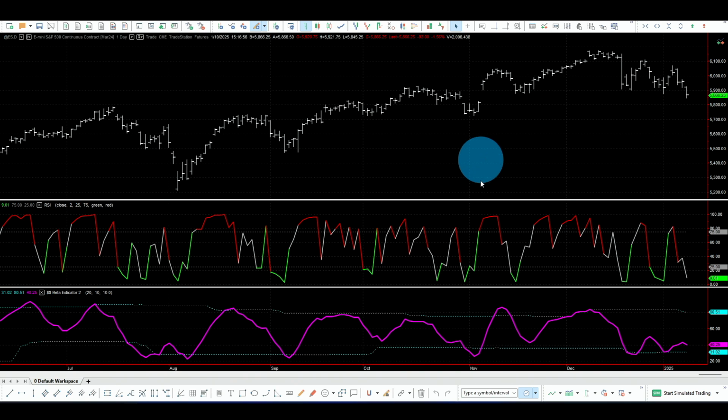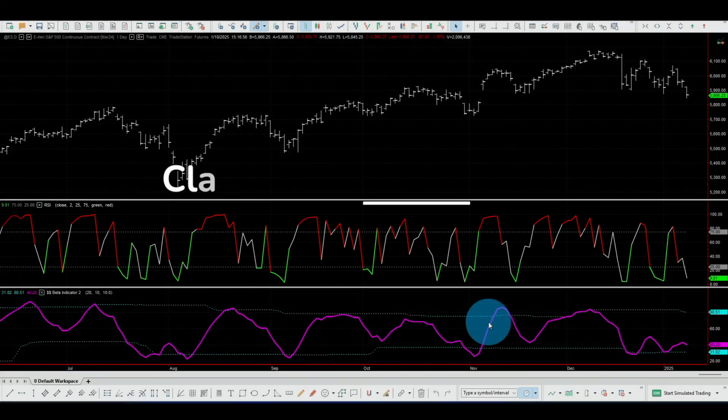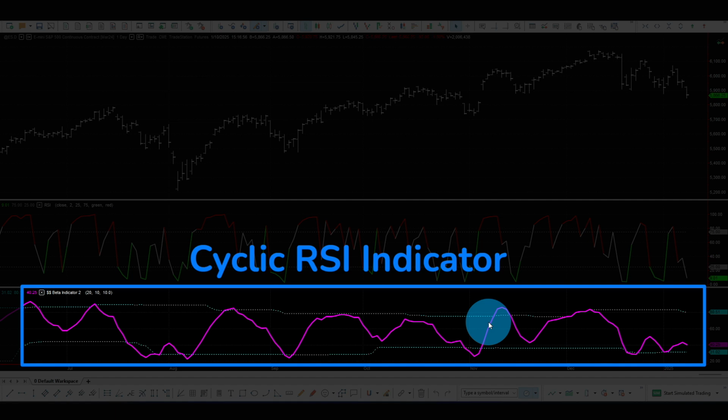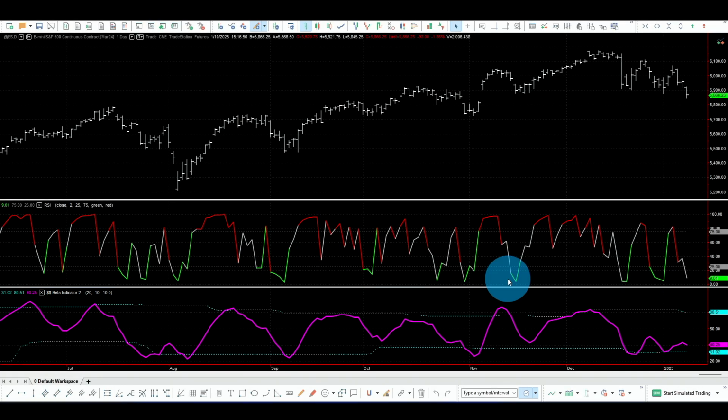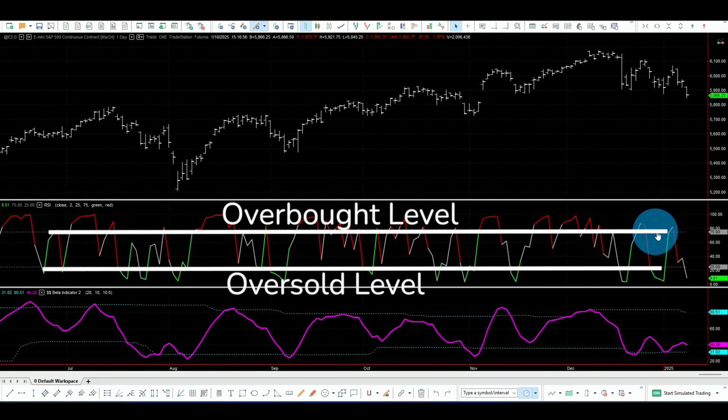In this chart, I have the classic RSI indicator in the middle, and at the bottom, I have the new Cyclic RSI indicator. With the classic RSI indicator, we have fixed levels for the overbought and oversold. So for example, here you see we have 75 for the overbought and 25 for the oversold.